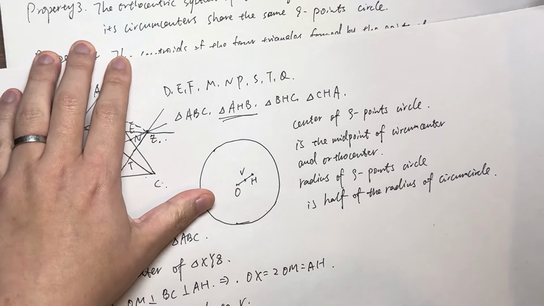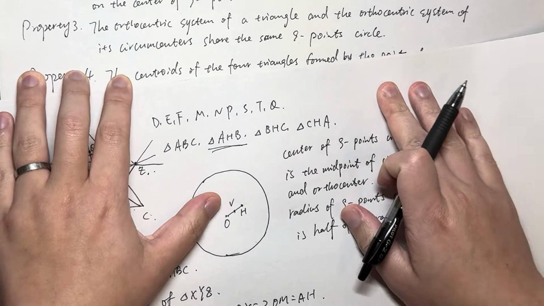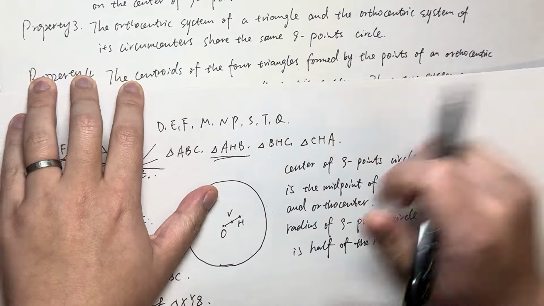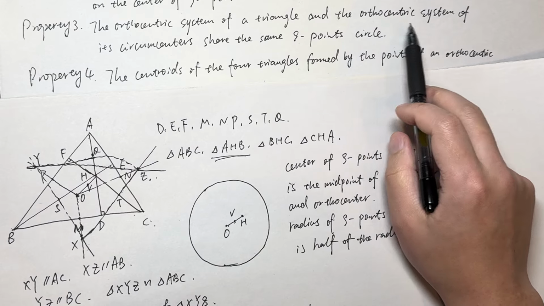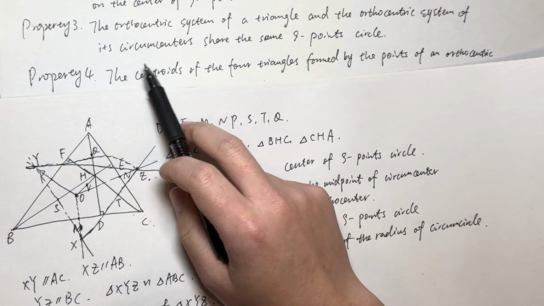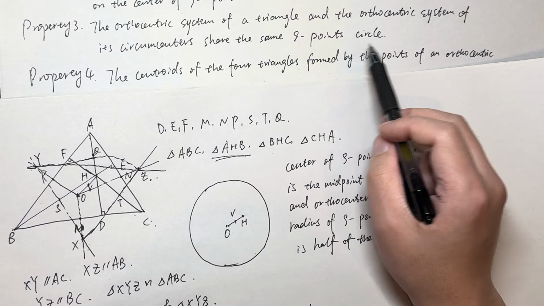The third one. The orthocentric system of a triangle and the orthocentric system of its circumcenters share the same 9-point circle.